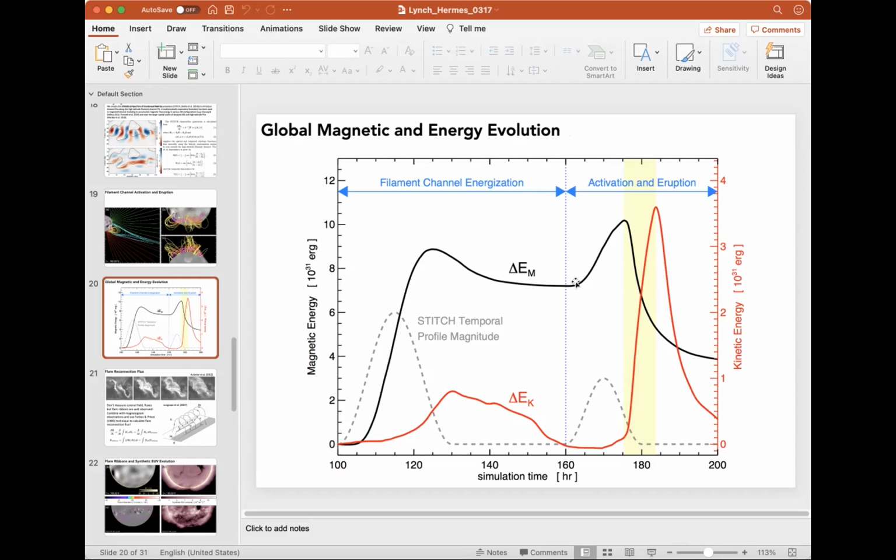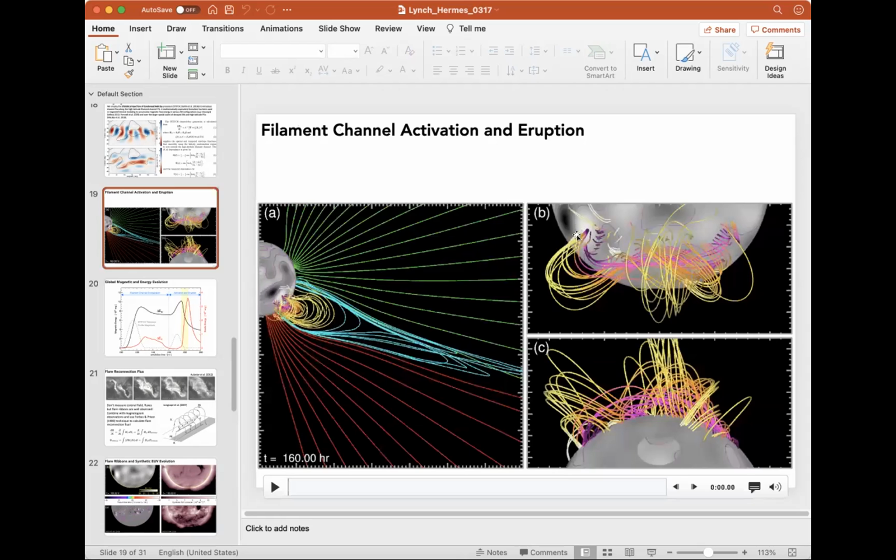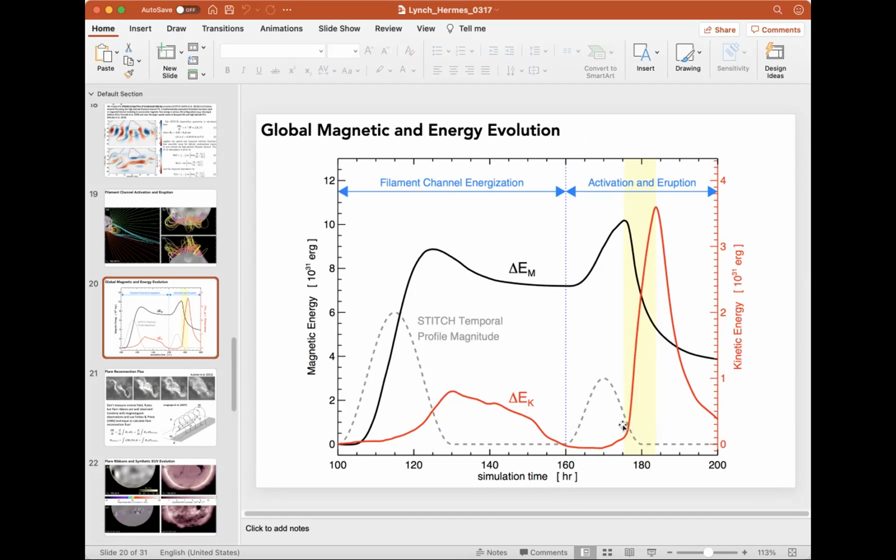With just a little bit more of this quasi-static slow evolution, you've now passed the threshold from this highly energized structure being more or less stable to it now wanting to expand into the solar wind. So yes, I haven't taken this exact simulation and moved this stuff around yet, but we could.